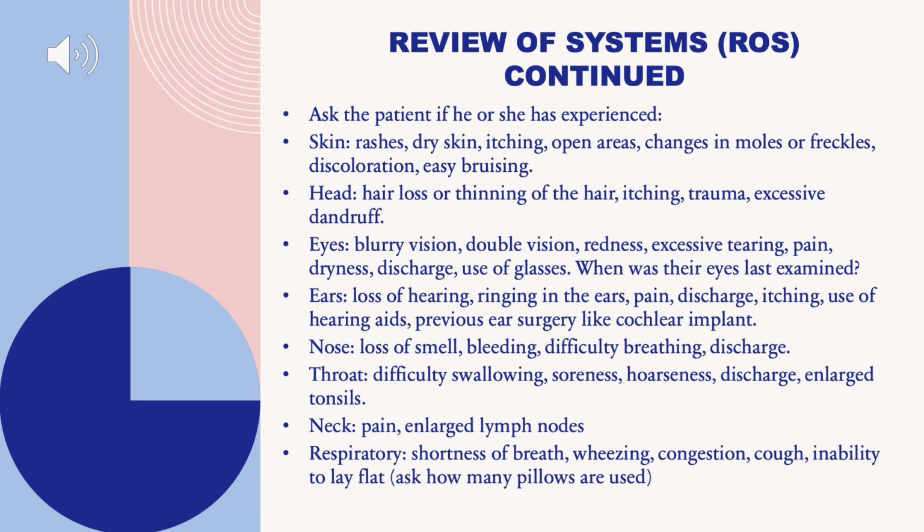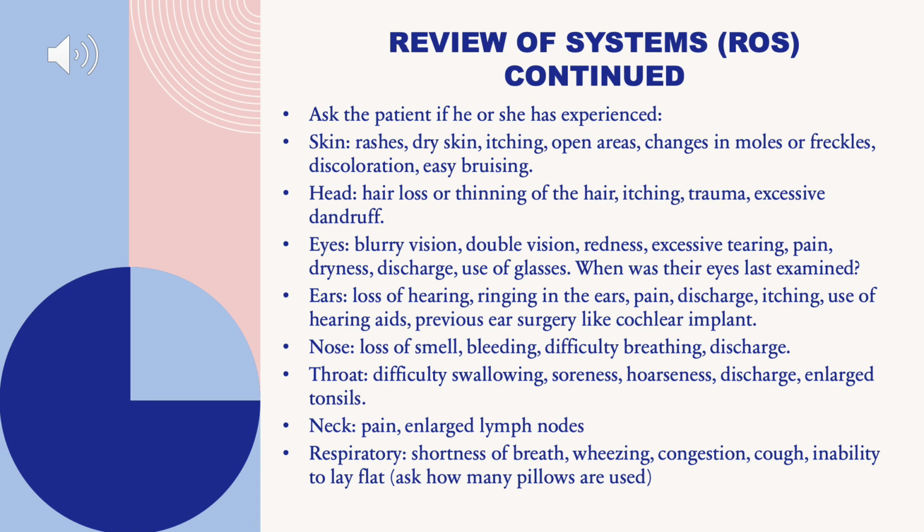For the nose, you're going to ask whether they've ever had loss of smell, bleeding, difficulty breathing, and discharge from the nose. For the throat, any difficulty swallowing, soreness, hoarseness, discharge, enlarged tonsils.